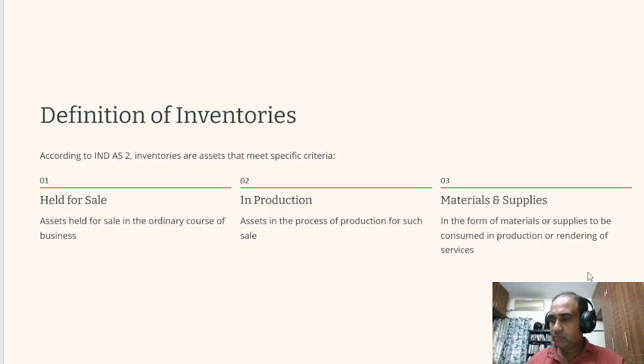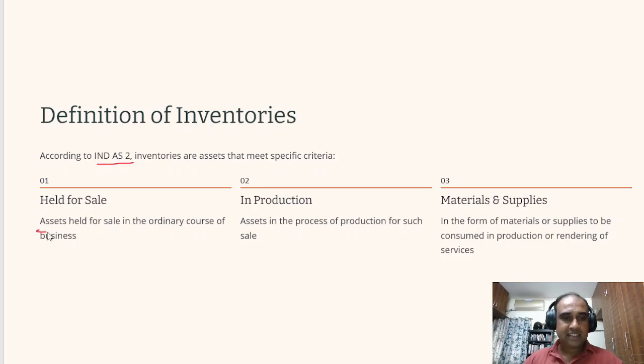Now let's get into the definition, guys. For any standard, the definition, the recognition criteria, and the valuation play a very important role. So as per Ind AS 2, what is the definition of inventory?